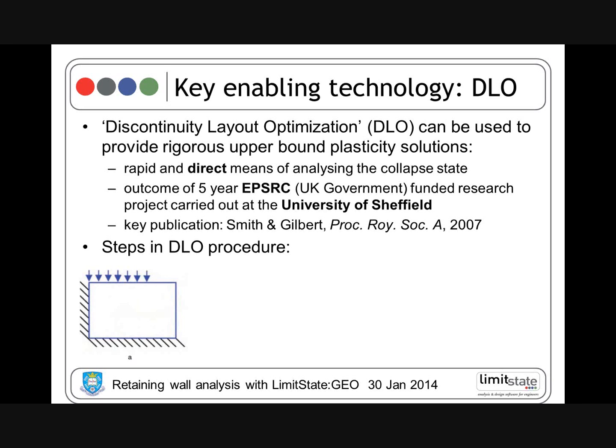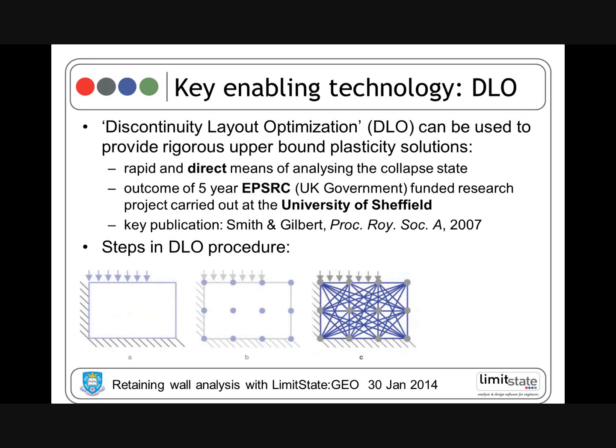So here we have a footing or a block of soil loaded on the surface with a rigid boundary to the left and to the base. Unlike finite elements, this method works using nodes. So we populate the domain with a series of nodes.